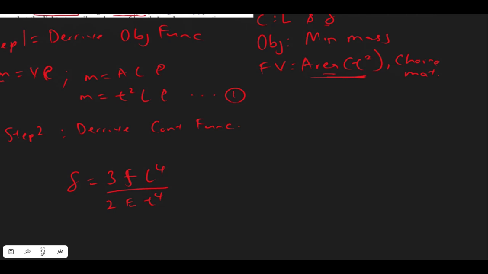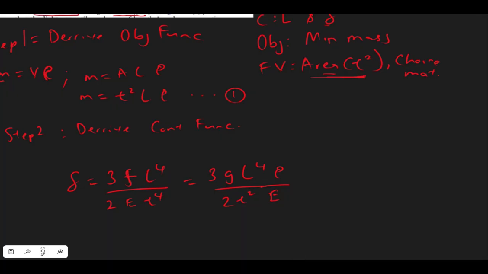So if you now include the formula for F into this equation, you now have 3g L raised to power 4 divided by 2 t squared times E times density. So that's the formula for deflection that we are solving with in this particular question.